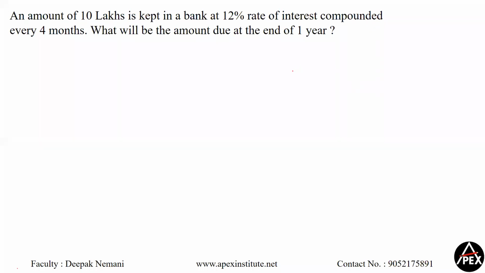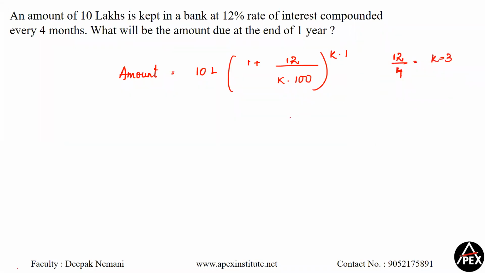Okay. So the formula is simple. Amount is equal to P. Here P is 10 lakhs into 1 plus R is 12% by K into 100, power K into number of years, which is 1. We need to find the value of K. It is compounding every 4 months, so 12 by 4. The value of K is equal to 3. So this will be 10 lakhs into 1 plus 12 by 3 into 100, over 3.